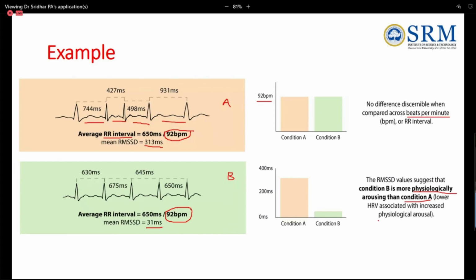It means that condition A is not varying, while condition B is varying much towards that stress response. So we have two different conditions where in one particular case we are not able to differentiate, but in another domain we are able to differentiate.